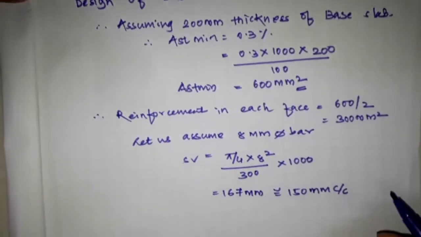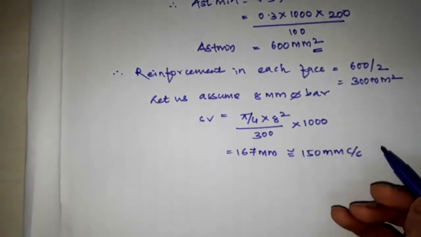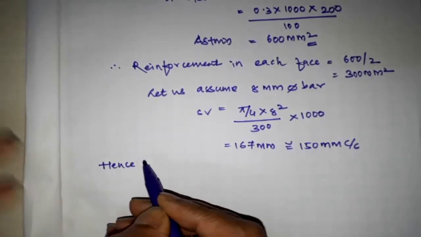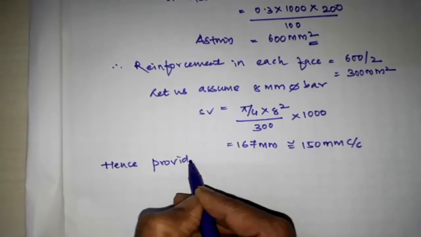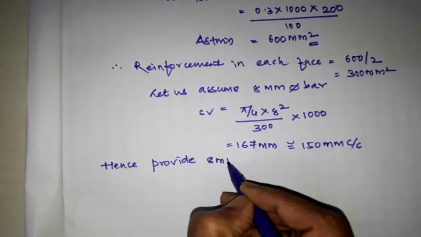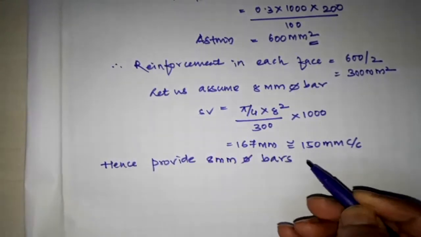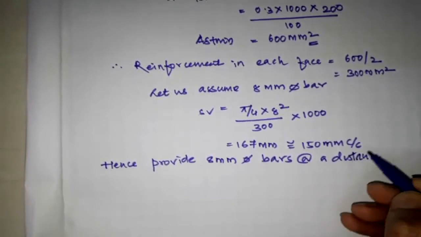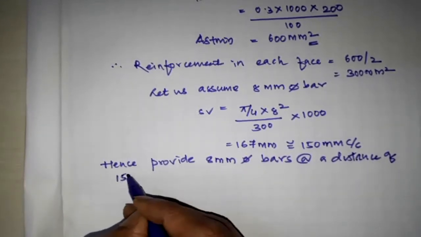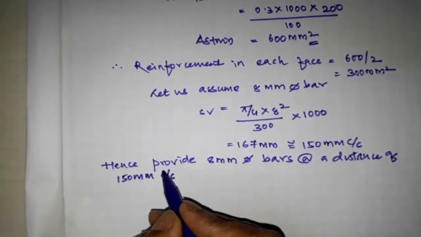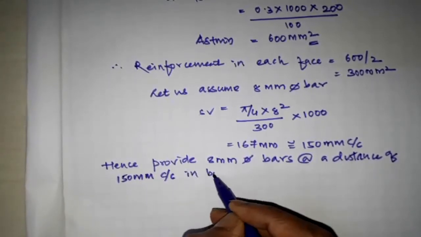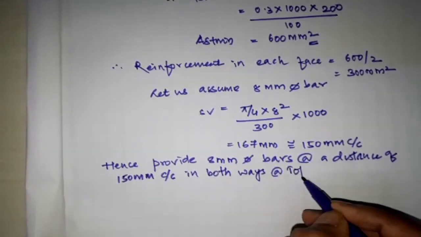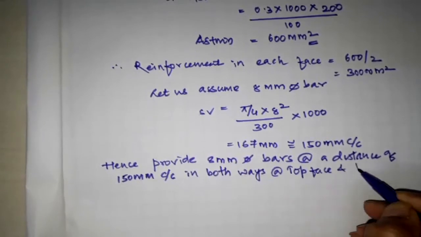For that we have to write a note here again. The note will be: hence provide 8 mm dia bars at a distance of 150 mm center to center in both ways at top face and bottom face.